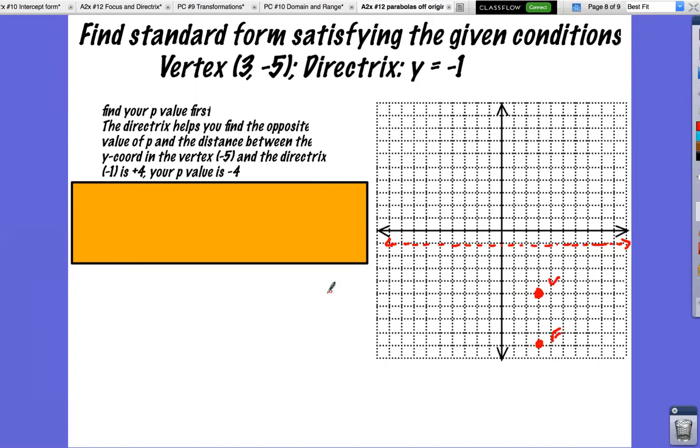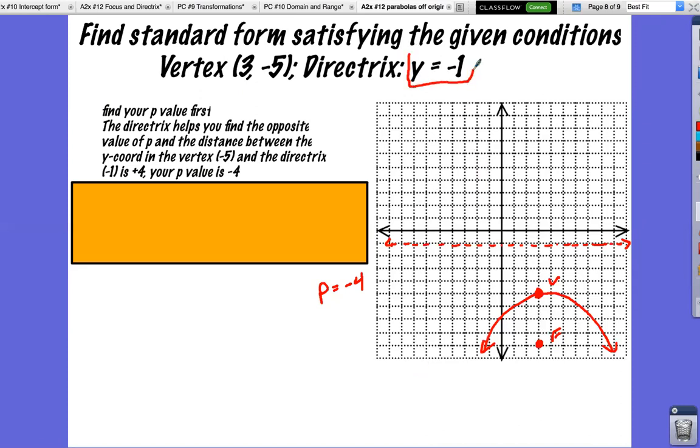So my value of p is really going to be -4. Now, again, some people are going to say, I don't understand how you got -4. Well, remember, if it opens down, then your a value has to be negative. So is it going to be x equals or y equals?